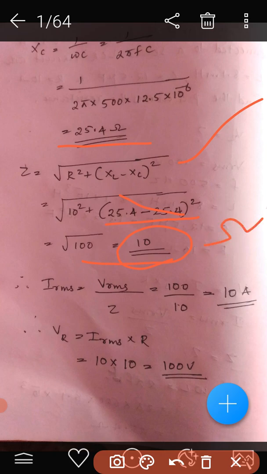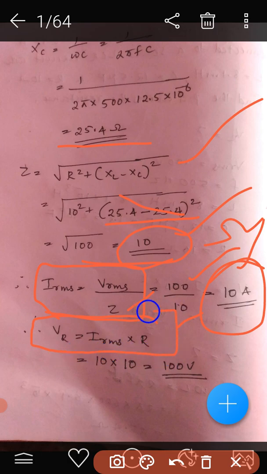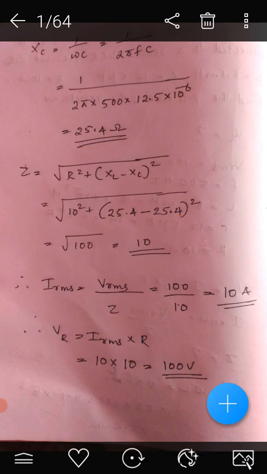Then IRMS is VRMS by Z. VRMS is 100 volt and Z is 10 ohm, so IRMS is 10 ampere. Then the voltage across this resistance, VR, is equal to IRMS into R, that is 10 into 10, which is equal to 100 volt.